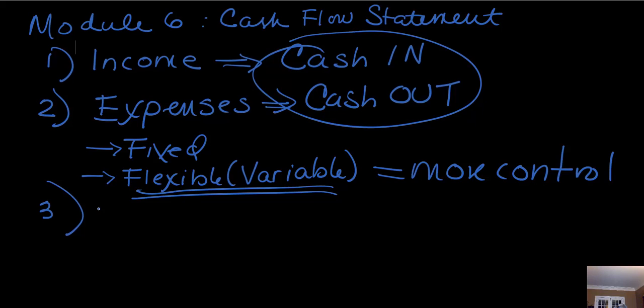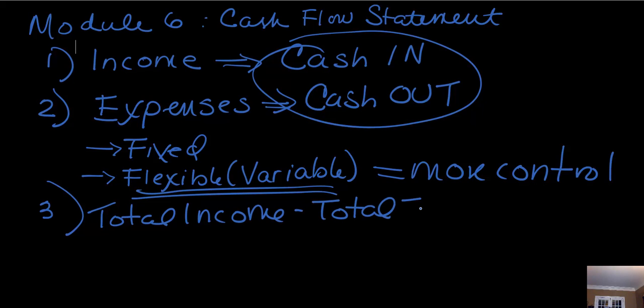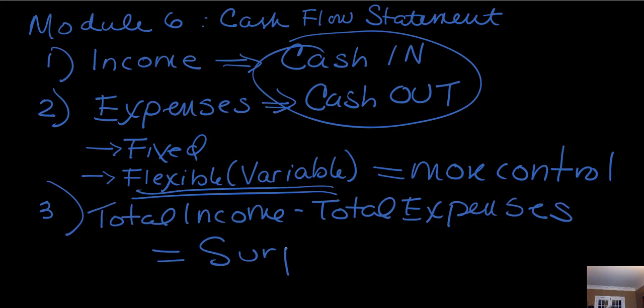In other words, we're going to take total income minus total expenses and that will give us either a surplus if the number is positive or a deficit if it's negative. And those would be the 3 steps to create the cash flow statement.